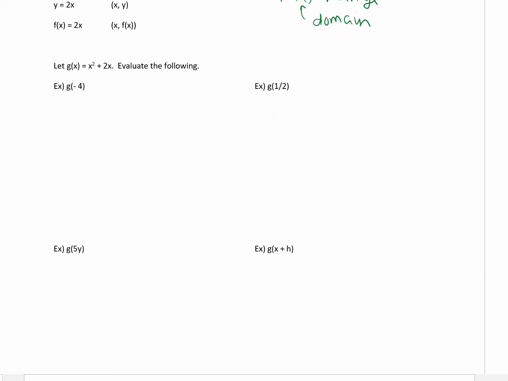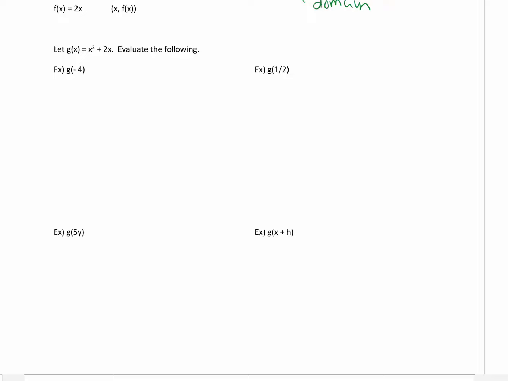Okay, so now let's evaluate the following. So if I have g of x is equal to x squared plus 2x, I want to know what g of -4 is. Now, what does that mean? When the domain is -4, what is the range value going to be? Okay, so every time I see an x, I'm going to replace it with -4.